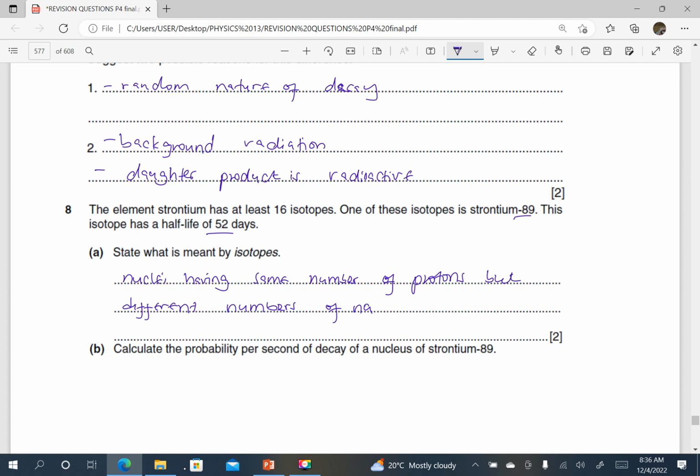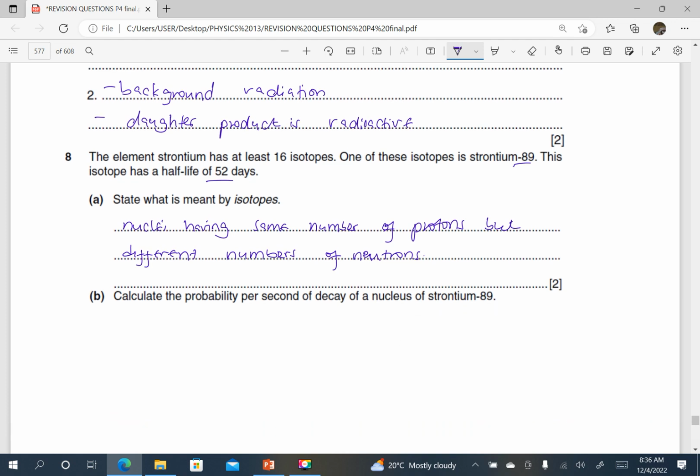Those are isotopes. Same number of protons, but different numbers of neutrons.